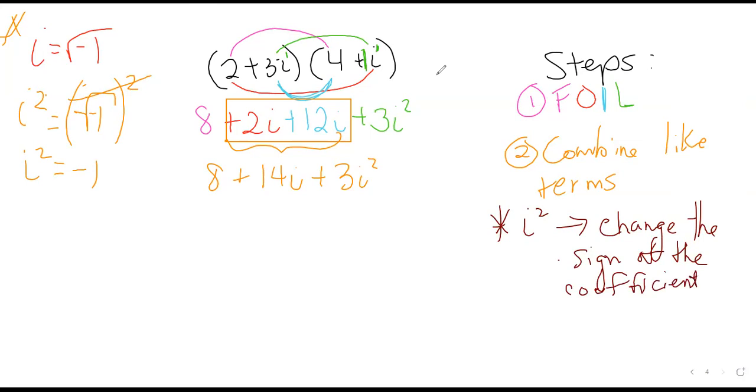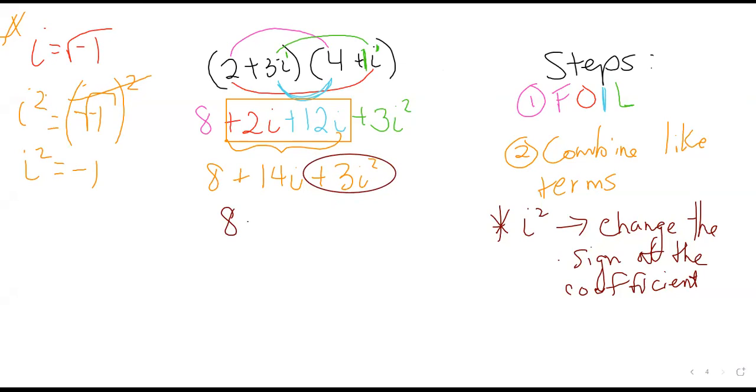Meaning that whatever number it's next to, you need to give it the opposite sign. So what happens to this 3i squared now? Is it going to turn into -3?